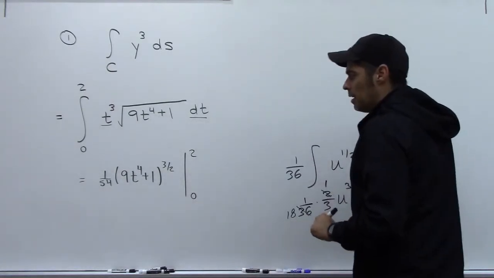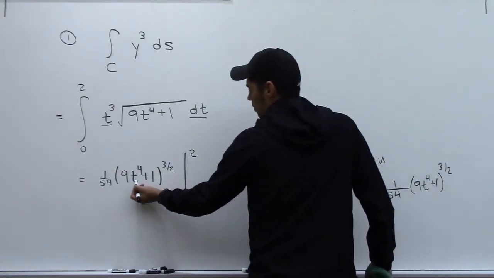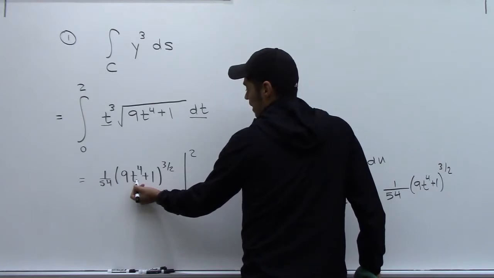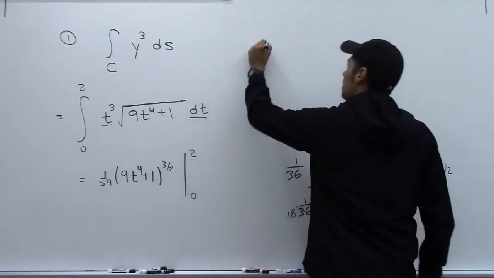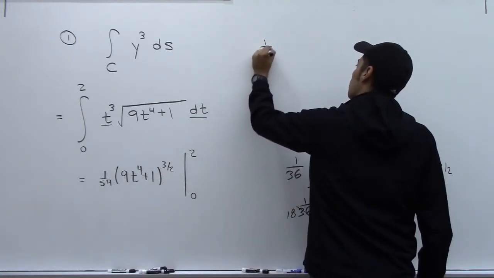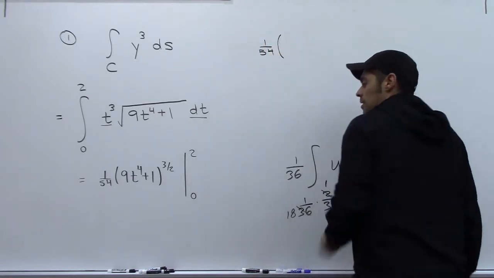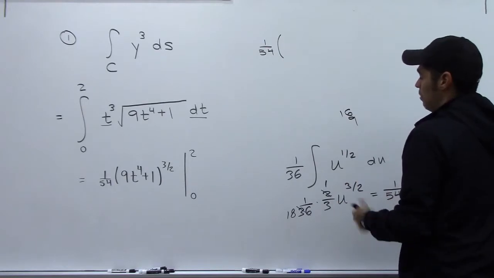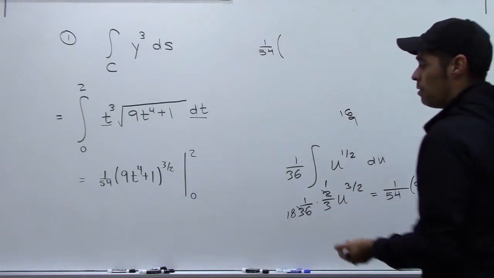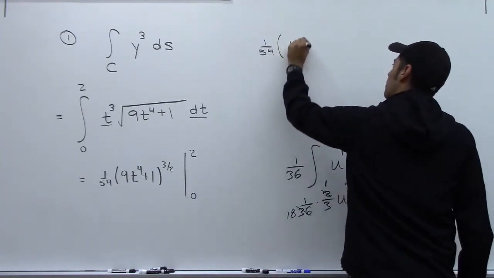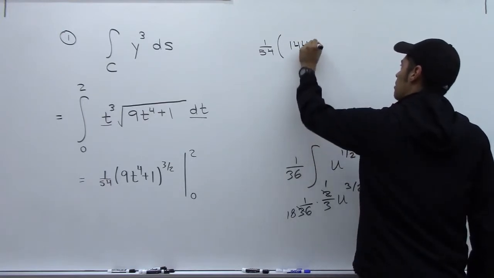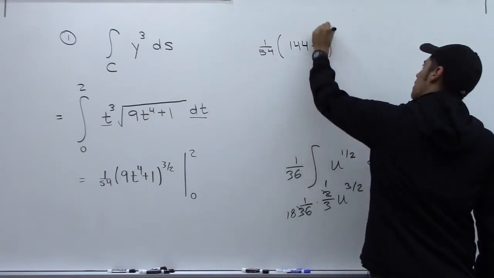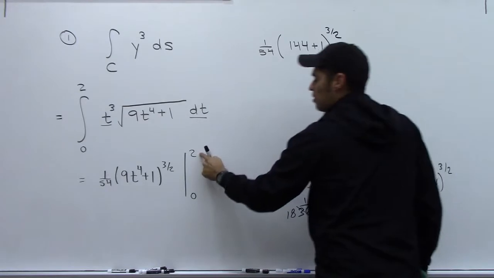And plugging in 2, we get what? 2 to the 4th power is 16 times 9. So 1/54. Let's see, 16 times 9, that's 90 plus 54, that's 144. So we have 144 plus 1 to the 3/2. That's what we get when we plug in 2.